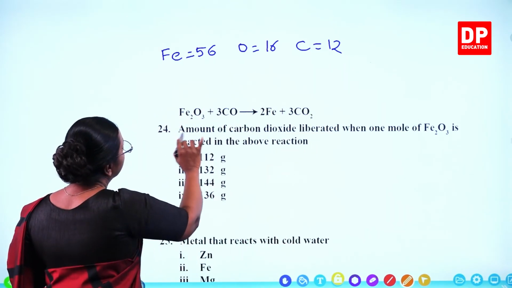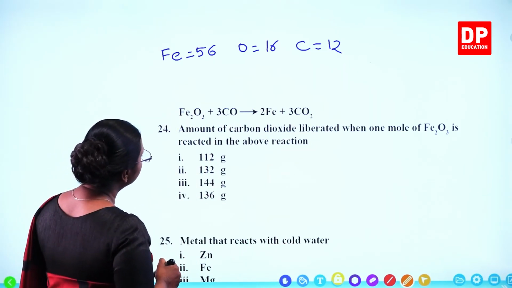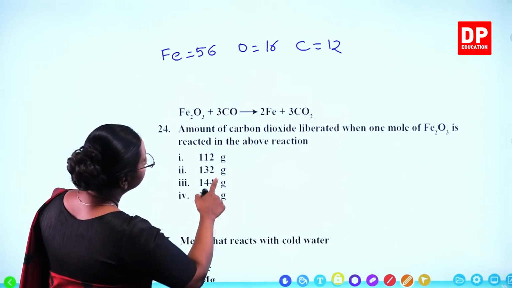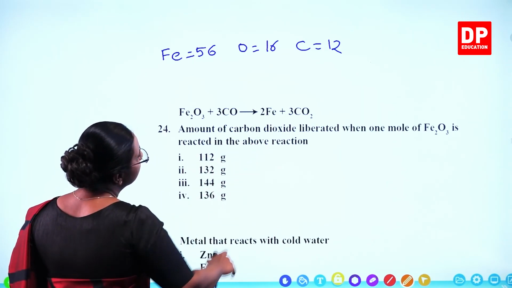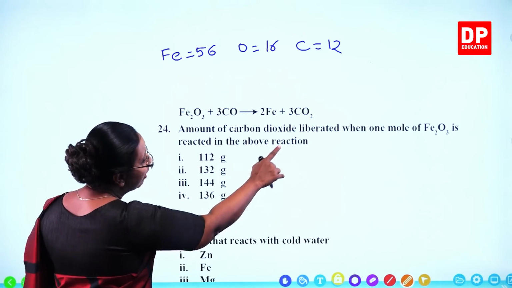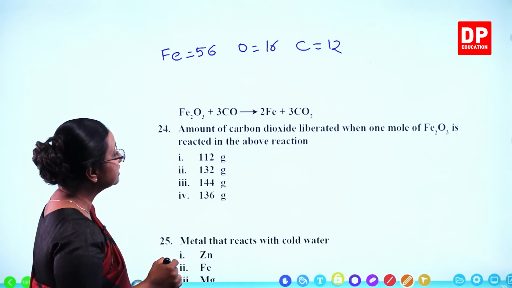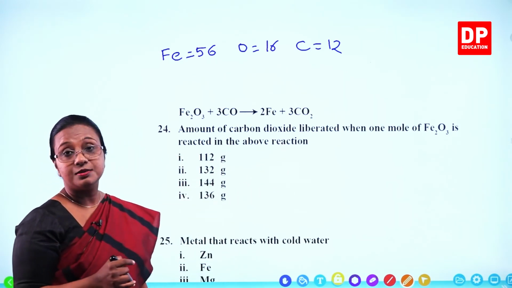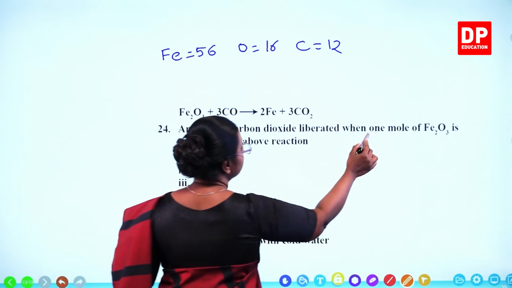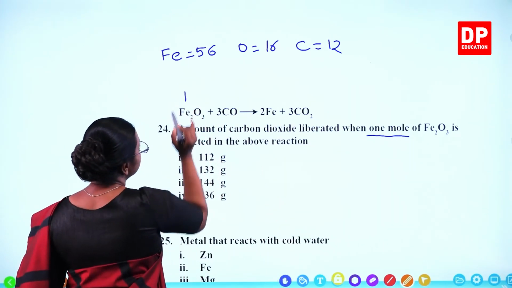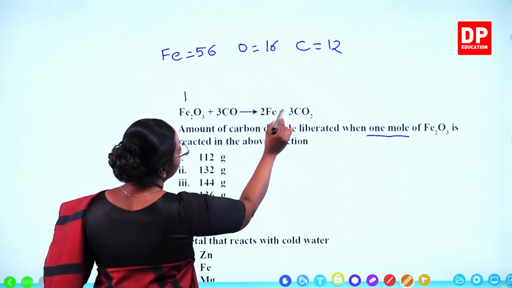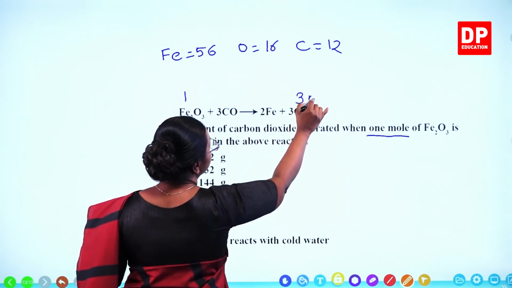So, if we calculate for Fe2O3, here we need to find amount of carbon dioxide liberated when 1 mole of Fe2O3 is reacted in the above reaction. So, if this is 1 mole, there the carbon dioxide has to be 3 moles.